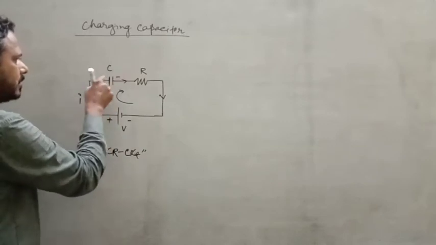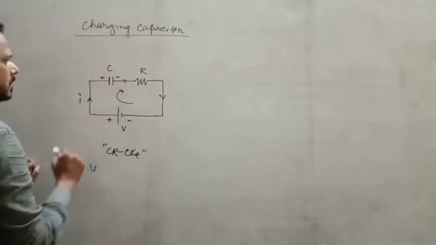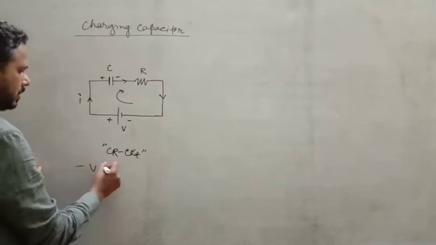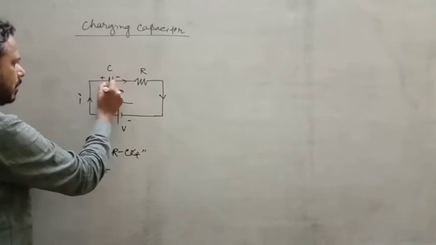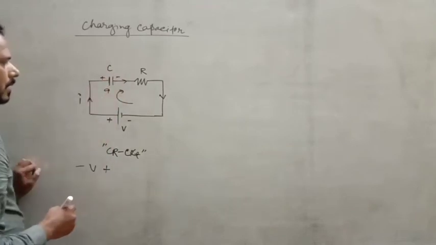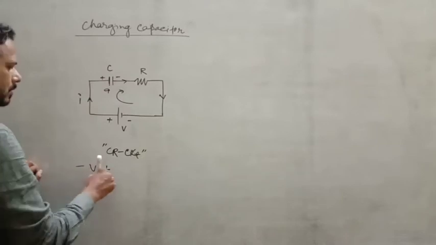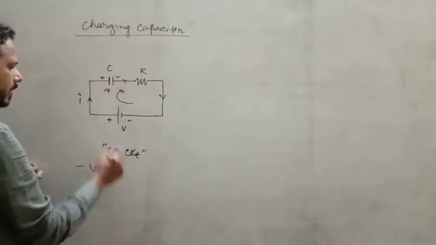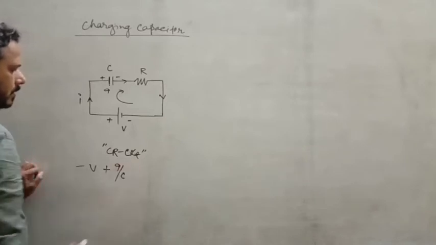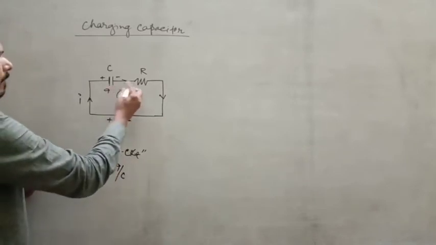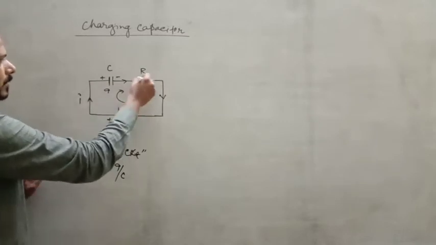So again you are entering from higher to lower in this capacitor. So that will be positive, and suppose charge Q is deposited on the plates of the capacitor. So how much potential will there be? That would be Q by C. Now again you are entering this resistor, and current I will be flowing through this resistor.